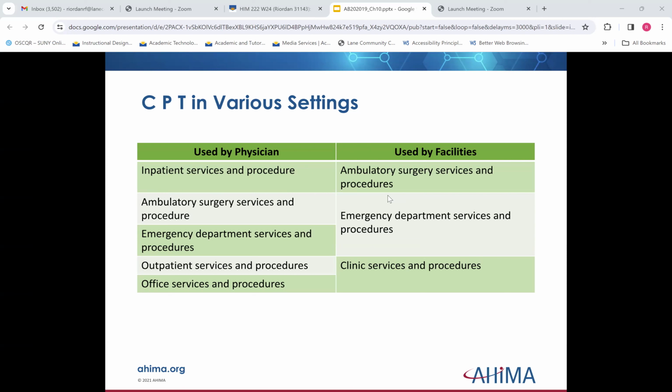How is CPT used? It's used by physicians for inpatient services and procedures for the pro fee. It's used by facilities for ambulatory surgery center services and procedures. Right. So again, when you think about these things, think about what is pro fee and what is facility.